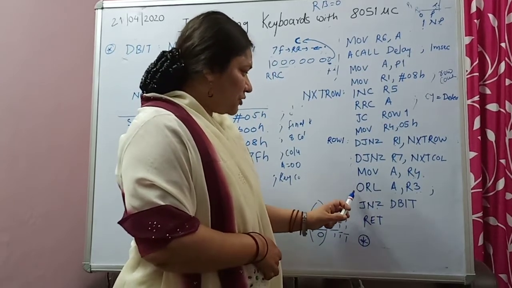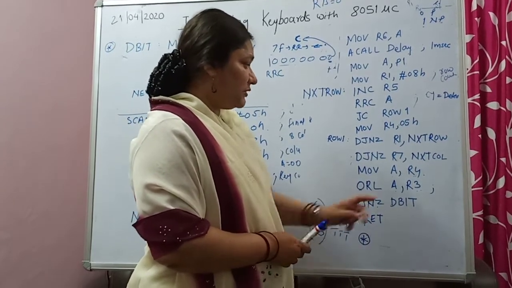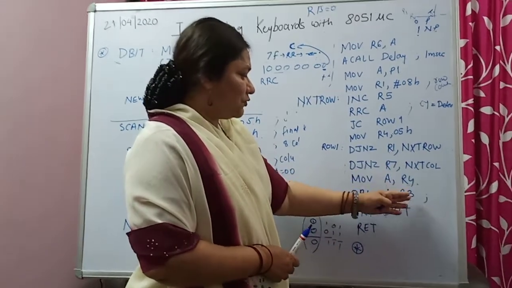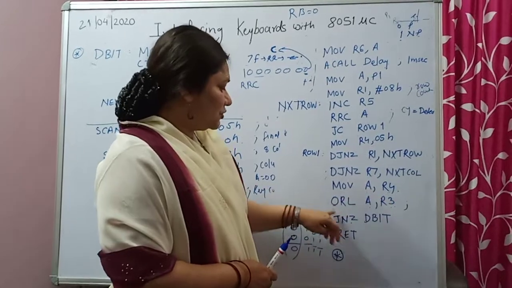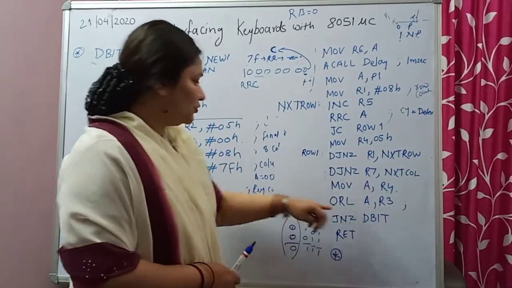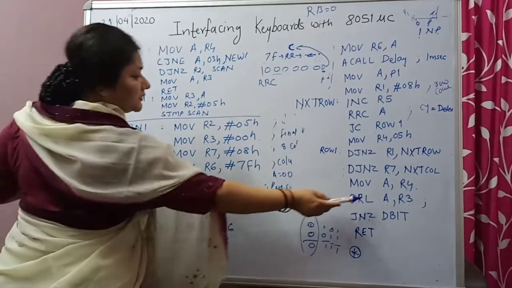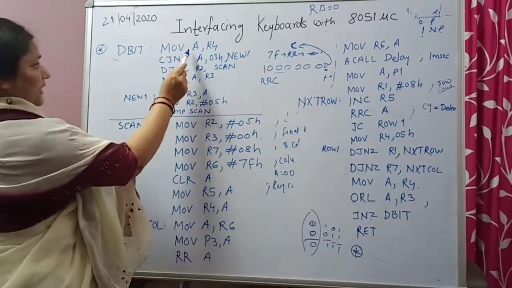But if it is not 0, that means there is some key code available in R4 and some key code is available in R3. So if it is not 0, we are moving to this particular routine. What this tells is, we are taking again the status of R4 into the accumulator.